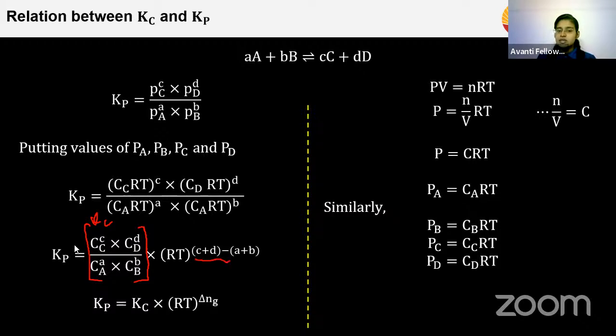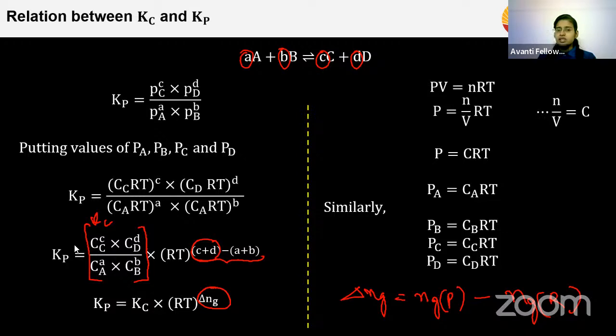And this term is written as delta Ng. Delta Ng means the change in the number of moles of gas. Delta Ng means the number of moles of gaseous product minus the number of moles of gaseous reactant. So c plus d is the number of moles of gaseous product, and a plus b is the number of moles of gaseous reactant.